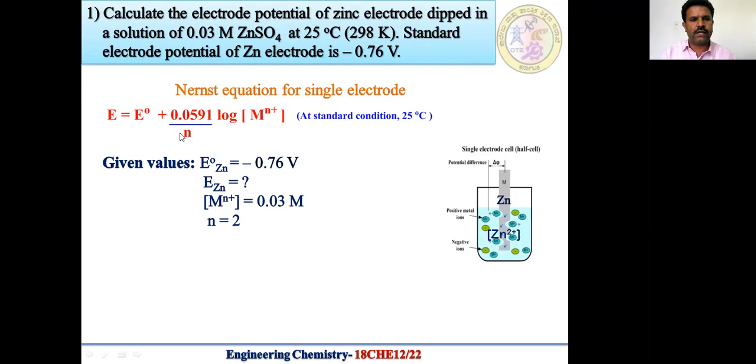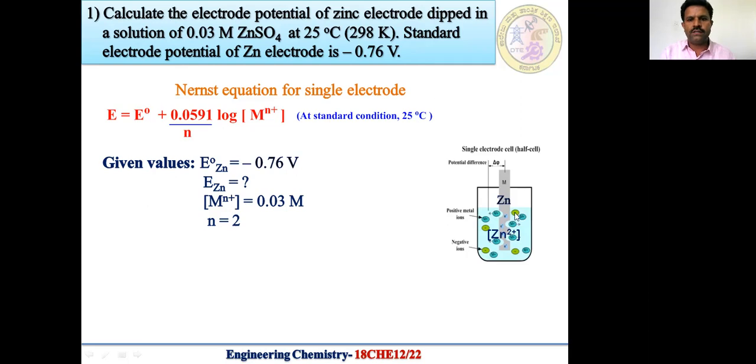So why I selected this directly: because they have mentioned the reaction condition, that is 25 degrees Celsius or 298 Kelvin. That indicates it is a standard condition. So the given values are the standard electrode potential for zinc, that is minus 0.76 volt, and we should calculate the electrode potential of zinc.